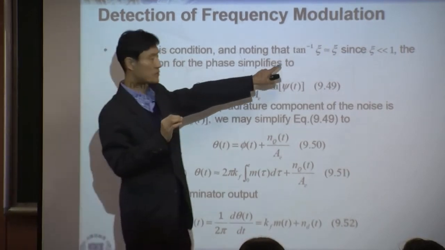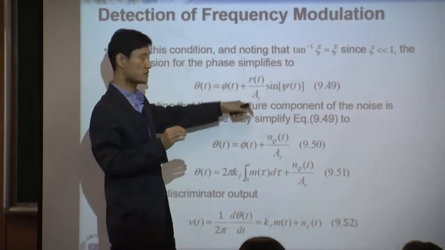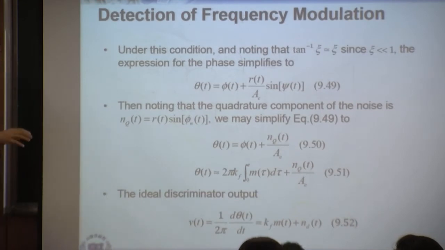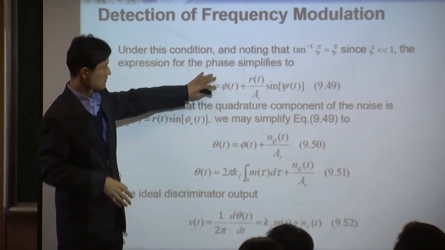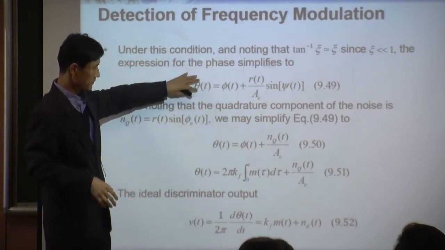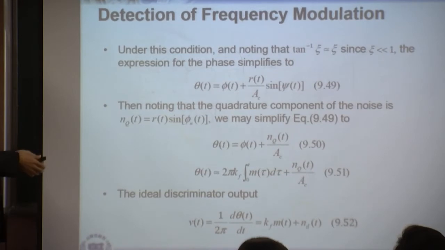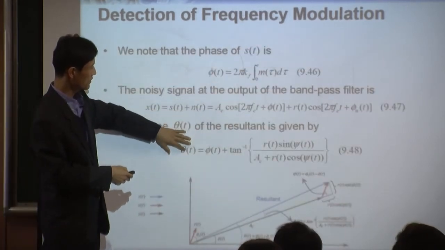Using a little bit of approximation of this. Okay, we use a little bit of approximation, but still, this theta t is the phase of your xt. Now, in the phase of xt here, let's look at the theta t.